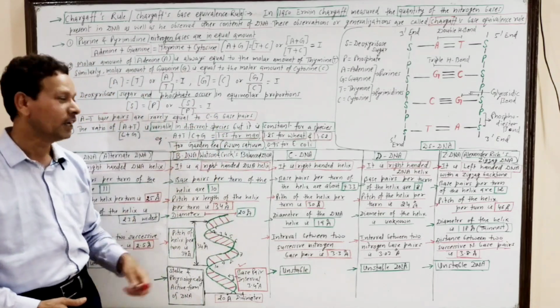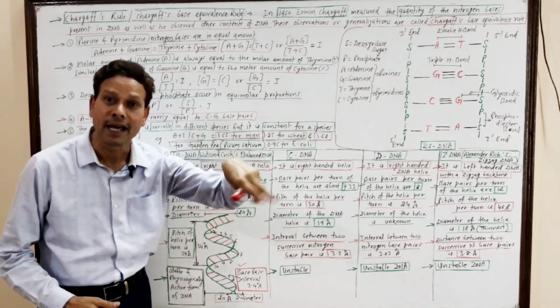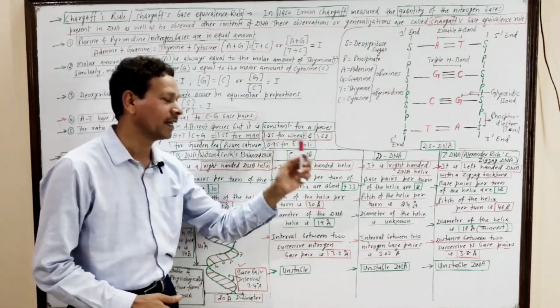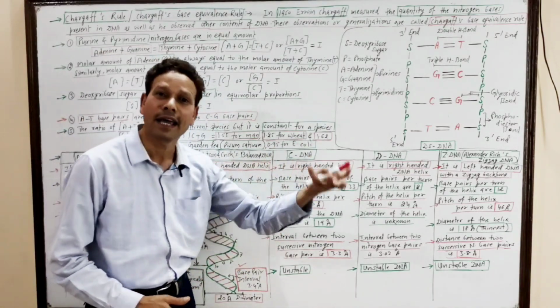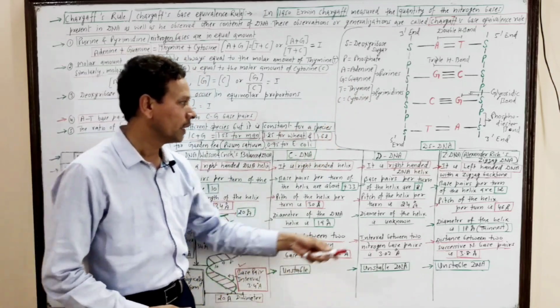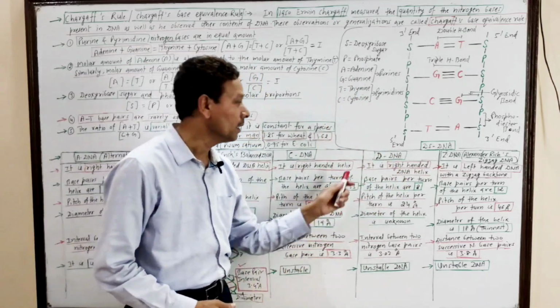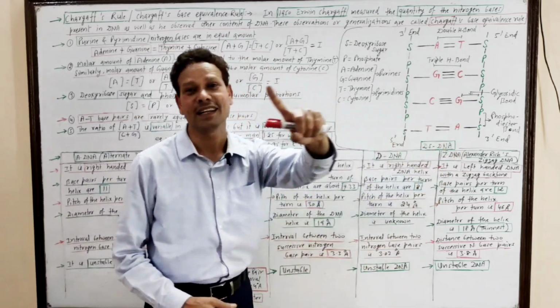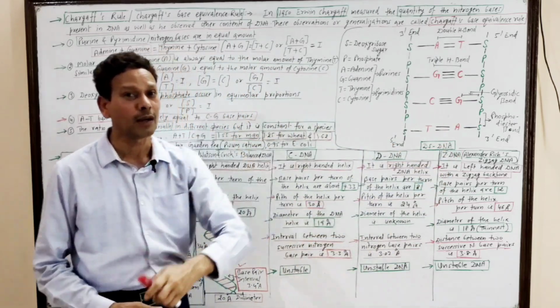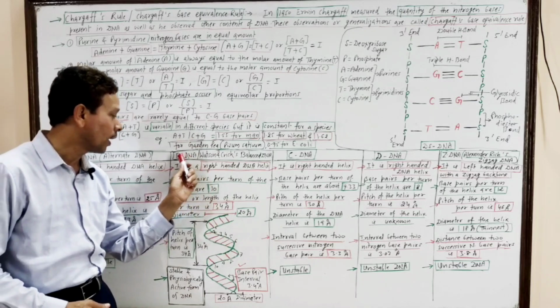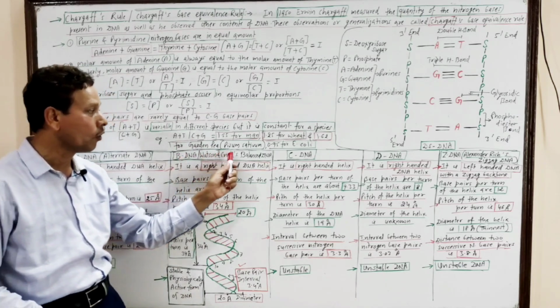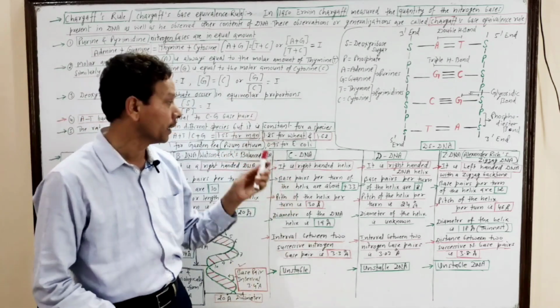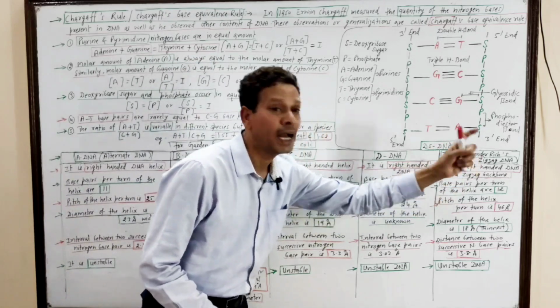This B DNA is always a right-handed helix, while in C DNA the helix is again right-handed. In D DNA, again it is right-handed DNA. And Z DNA, note down for competitive exams, two different DNAs: one is B DNA, Watson and Crick, the balanced, stable DNA, and the second is Z DNA.